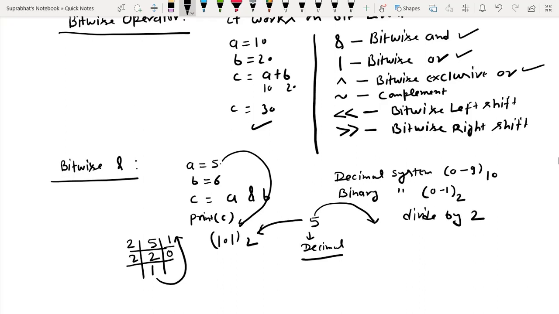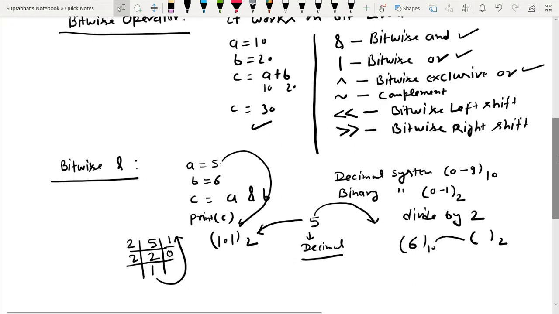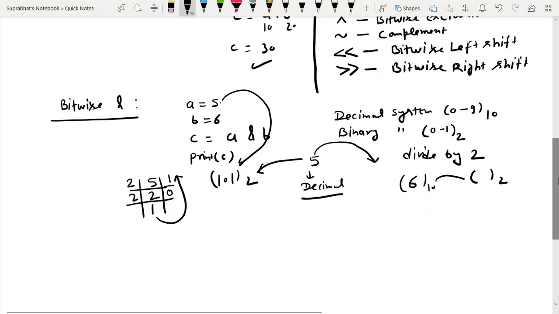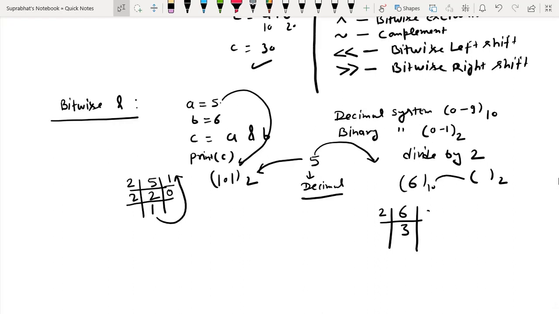Similarly 6, this is in decimal. We have to convert it first into binary. So how can it be converted into binary? It will also be divided by 2. Here 6, 2 3s are 6, remainder 0, 2 1s are 2, remainder 1.